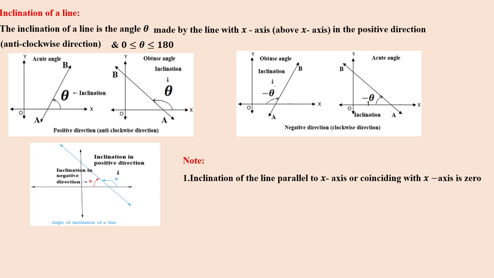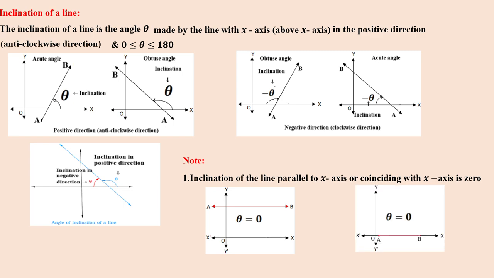Suppose the given line AB is parallel to the x-axis, so there is no intersection between these two lines, therefore there will be no angle, so inclination is 0, right? So in both cases, theta is 0. It is not cutting the x-axis, so there will be no angle. If it coincides with the x-axis, there will be no angle, theta equals 0.